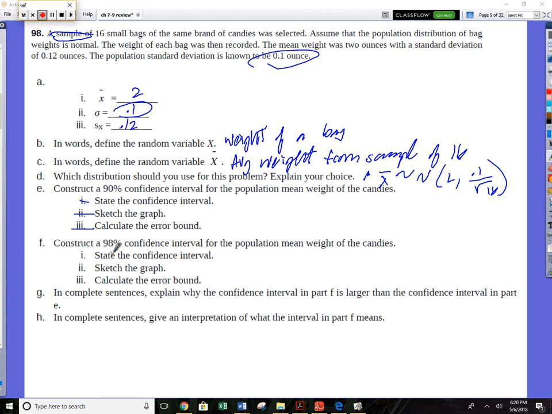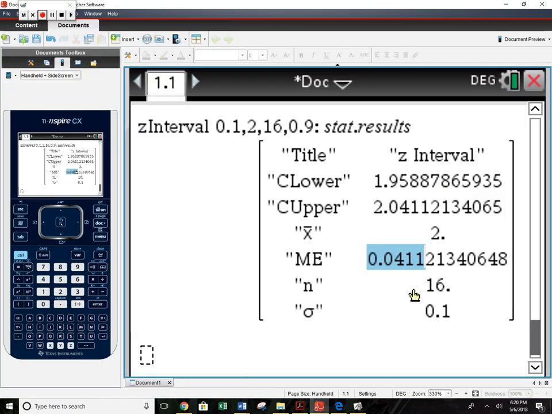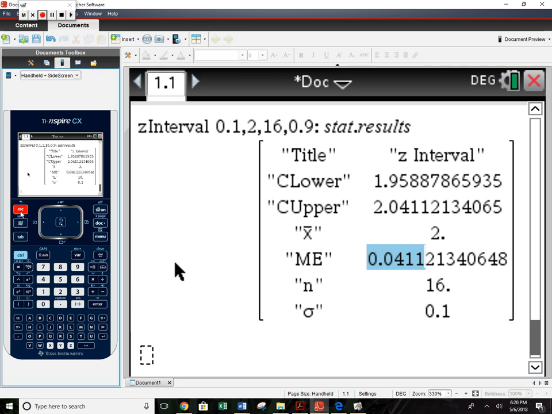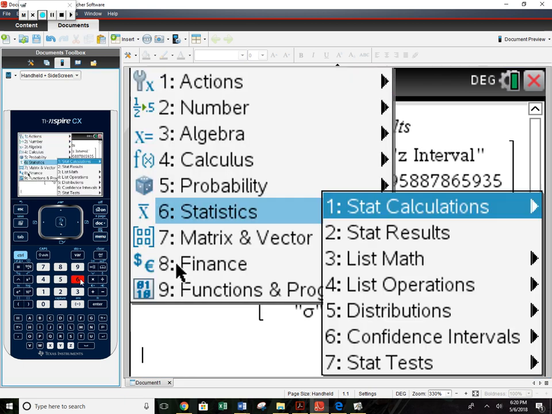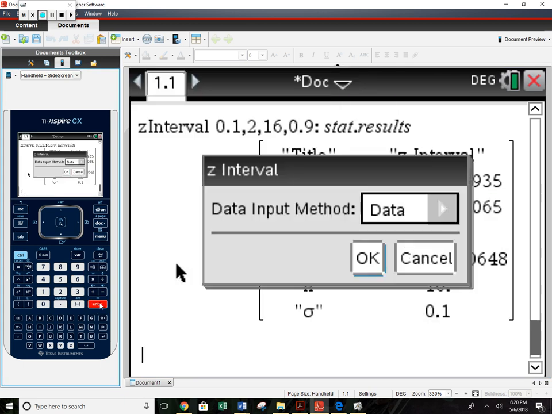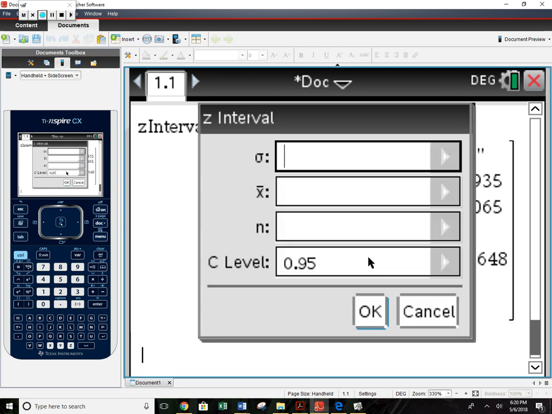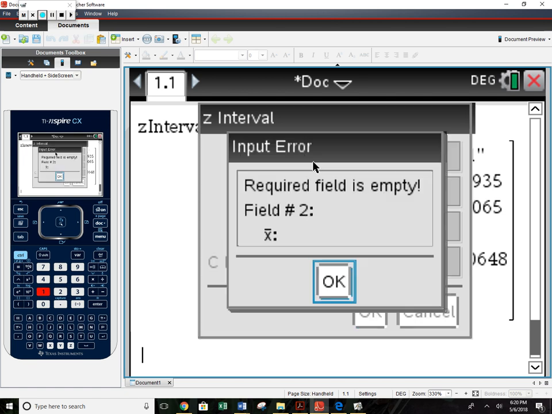F, construct a 98% confidence interval for the same stuff. It is pretty simple. You're just going to go menu 66, enter. We're going to do it from stats. Sigma is a 10th.